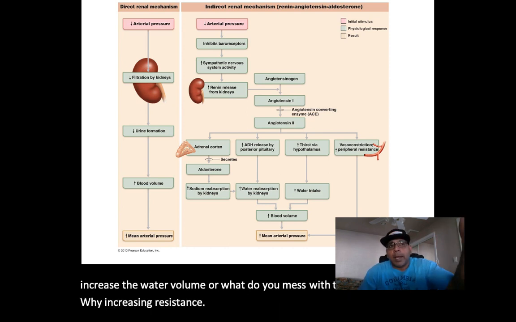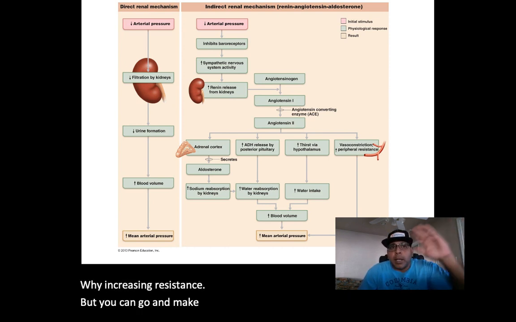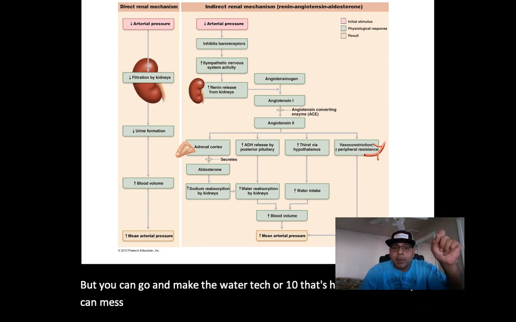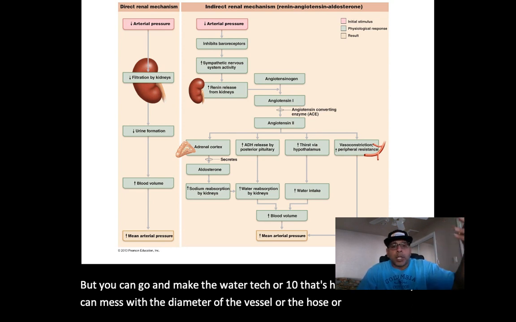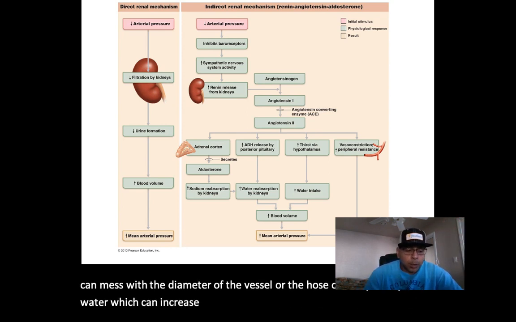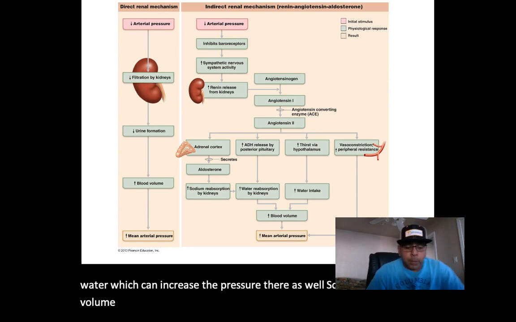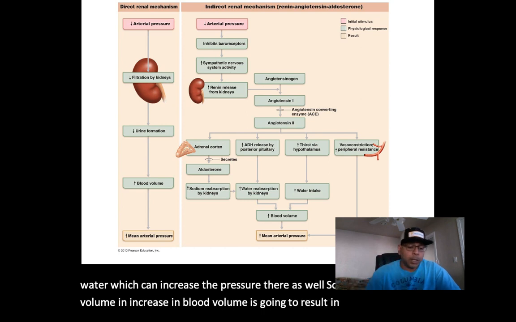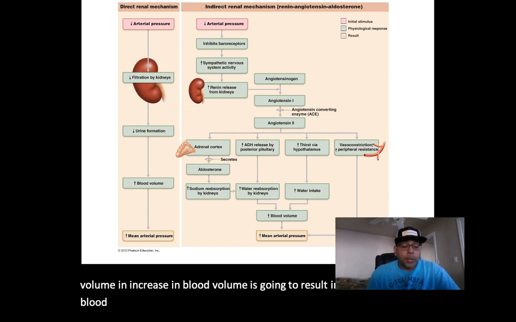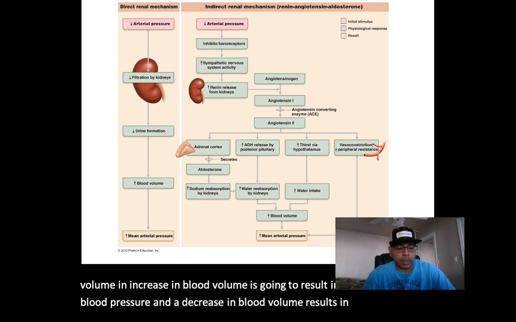You can't really make the water thick or thin, but you can mess with the diameter of the hose, or the quantity of water, which can increase the pressure as well. So an increase in blood volume is going to result in an increase in blood pressure, and a decrease in blood volume results in a decrease in blood pressure.